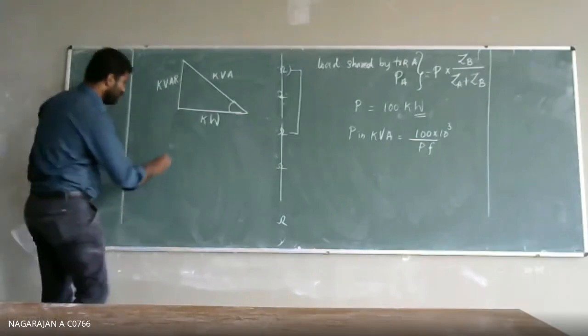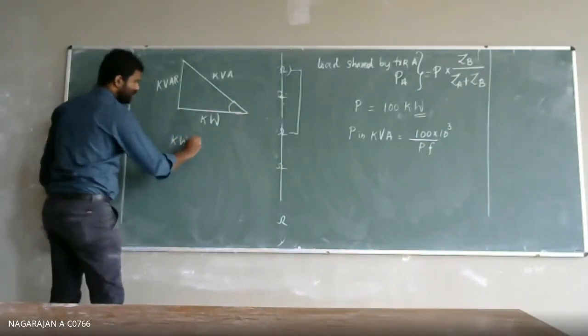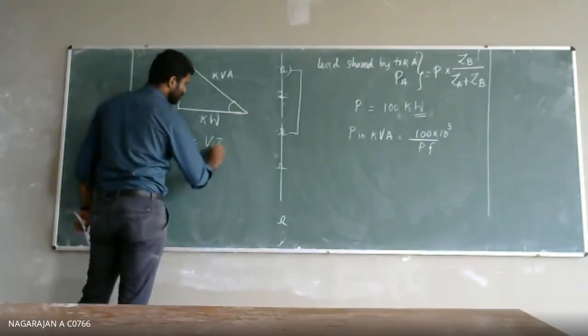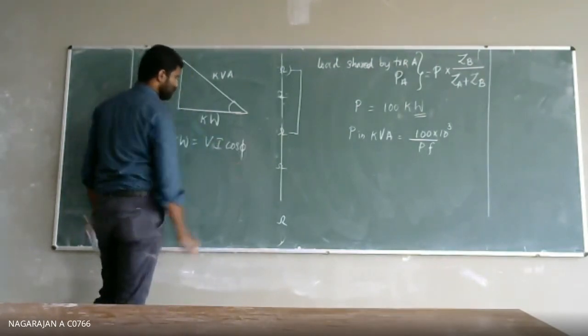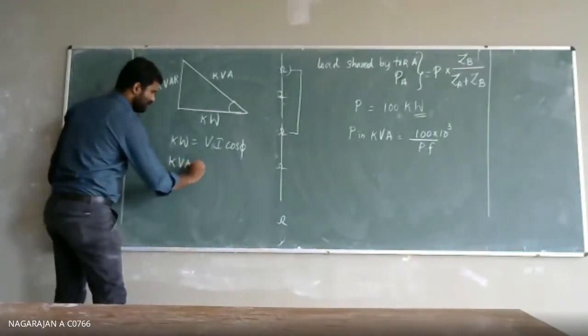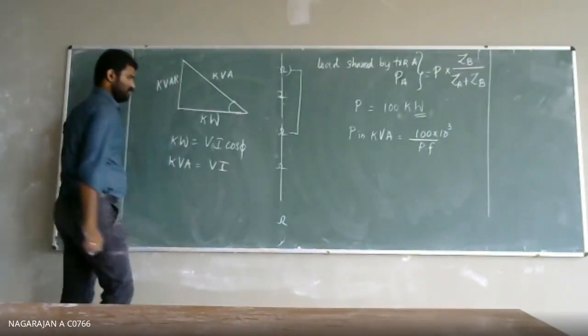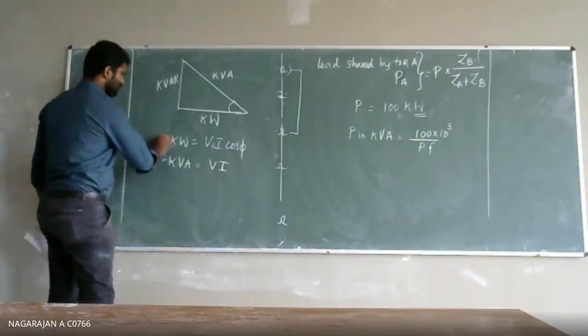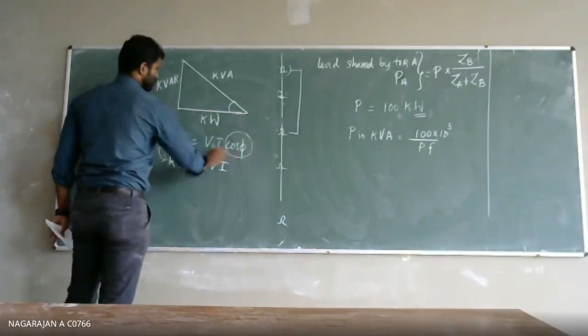Otherwise, kilowatt power rating is written as VI cos phi, and the formula for kVA rating is just VI. So if you want to convert from this to this, the only difference is this one.